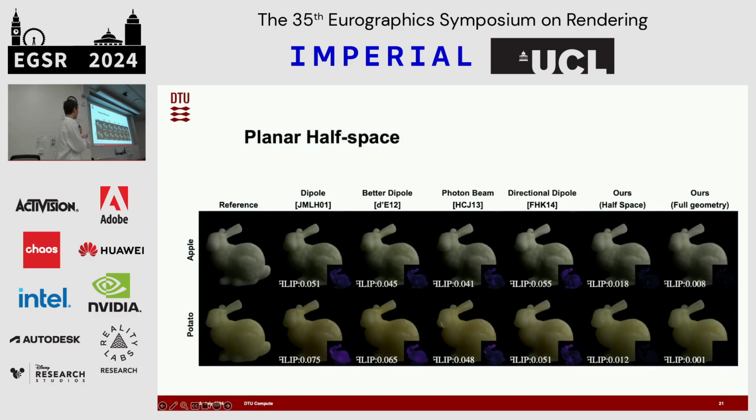For the materials apple and potato, he compares his results to the dipole method, beta dipole, photon beam, directional dipole, and his model based on half-space representation and full geometry, as we described earlier. There is one order of magnitude improvement in FLIP error for the full geometry method.